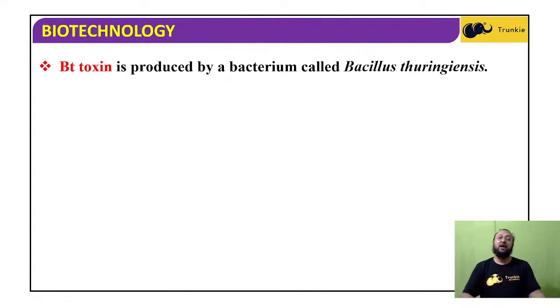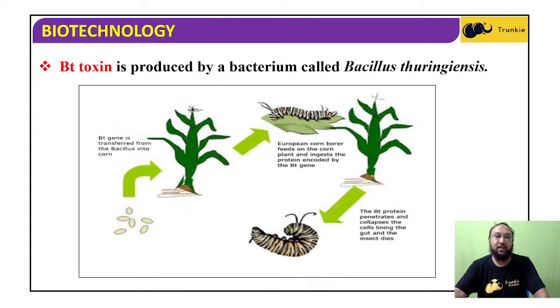This is a technique the scientists have researched and found, and then they have applied biotechnology to prevent the pest and to prevent the damage of the crop plant. A Bt gene is transferred from Bacillus into the corn, the crop plant, and this helps to prevent the damage by pests.